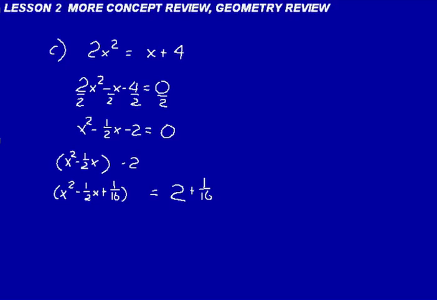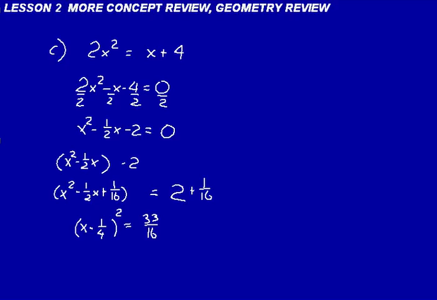So we add it on both sides, and on the left we end up with x minus 1/4, half of that x coefficient squared, that's what the left side's trinomial would equal. We could factor it into that squared binomial. And then on the right, we have basically 33 over 16.